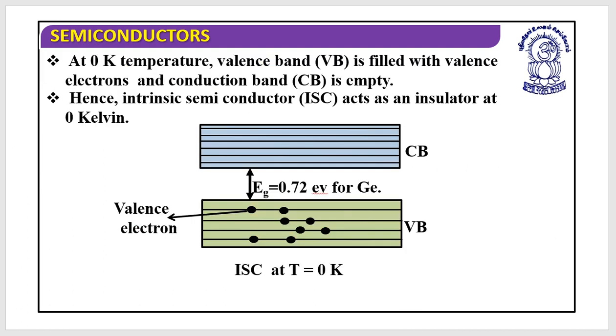Let's come back to this. At 0 Kelvin temperature, as you can see, the valence band is completely filled with valence electrons and the conduction band is completely empty.